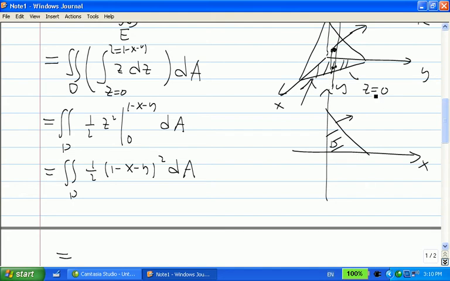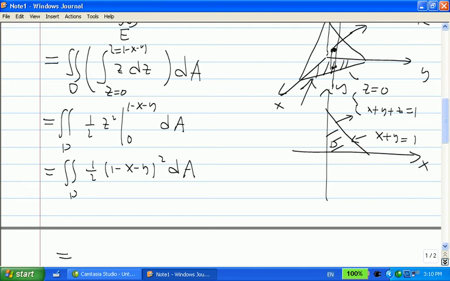One plane is z equal to 0. Another is x plus y plus z equal to 1. So the intersection of those two gives you a line. Substitute z by 0, and that gives you x plus y equal to 1. So that's the equation of this line.